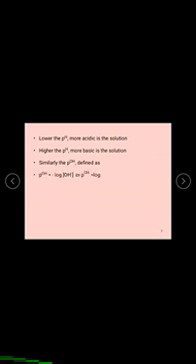The lower the pH value, the more acidic the solution; the higher the pH value, the more basic the solution. Similarly, pOH is defined as pOH equals minus log OH minus ion concentration, or pOH equals log 1 by OH minus ion concentration.